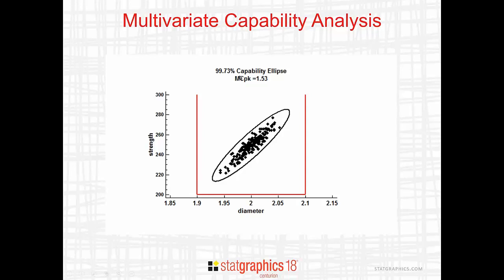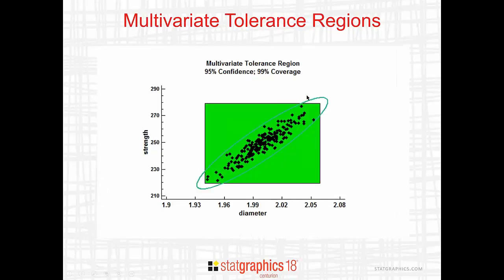We also have something called MCPK, a multivariate CPK statistic, which we can compute when we have 2 or more variables. There's a procedure in version 18 for calculating multivariate tolerance regions. Those are regions that will contain a specified proportion of a bivariate or multivariate normal distribution with a given level of confidence. There are actually two approaches that we take to that.